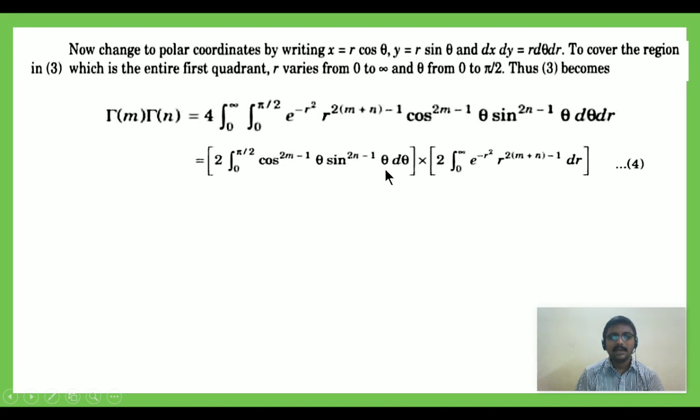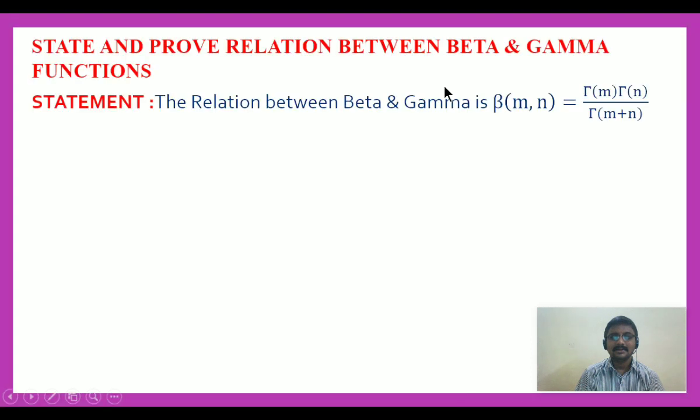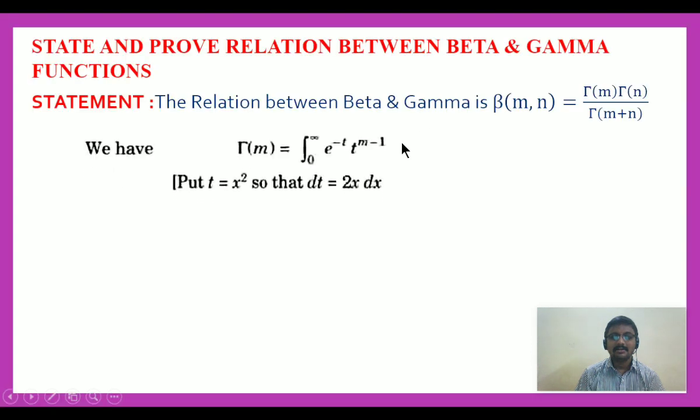Now the first value is nothing but beta of m, n, but what is the second value here? It is nothing but gamma of m plus n. So we will have gamma of m, which is 2 into integral 0 to infinity e power minus x square into x to the power of 2m minus 1 dx.